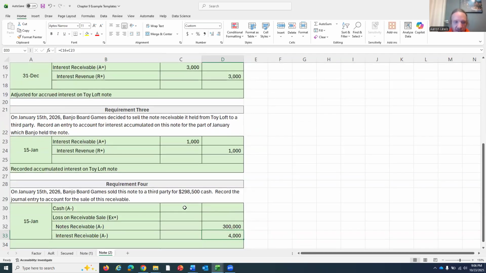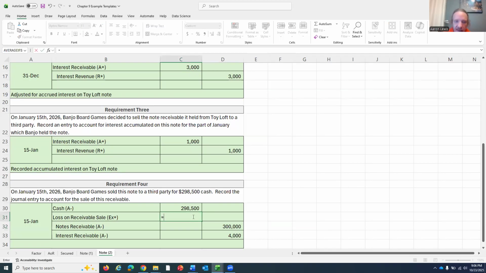What amount of cash are we getting? It's given in here. We're selling it to this third party for $298,500. So we would have gotten 304 grand if Toy Loft just up and decided to pay us on January 15th early. But we know that's not going to happen. We want cash now. We factor to somebody else. They gave us 298,500.